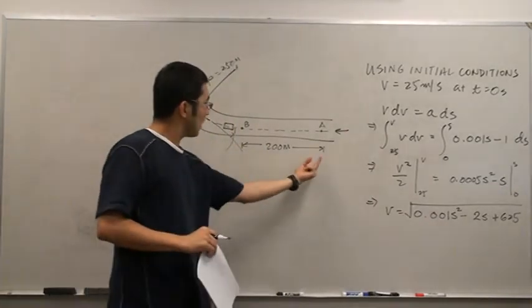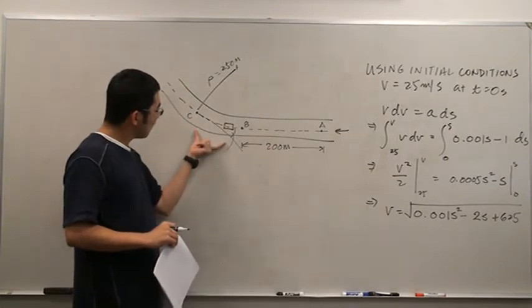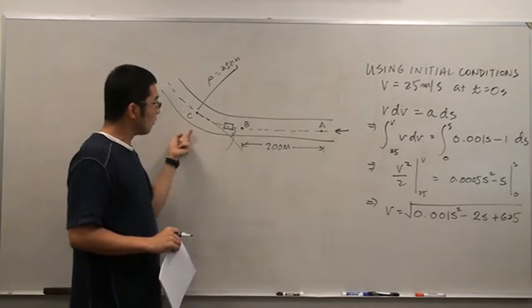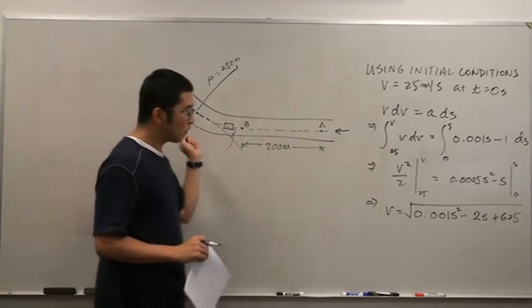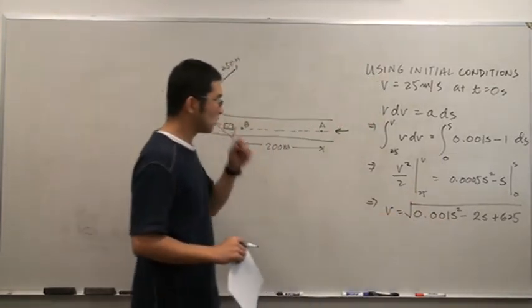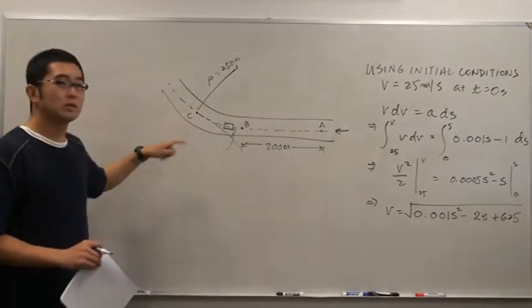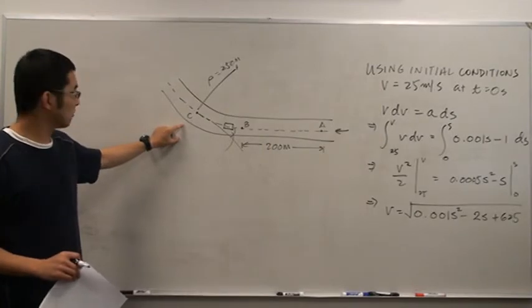We know from A to B it is 200 meters, but we don't really know what this little displacement is. We do need to know that because once we know the total displacement from A to C, we'll plug s into this equation, and that allows us to calculate the velocity at point C, which subsequently allows us to calculate the normal acceleration at point C.